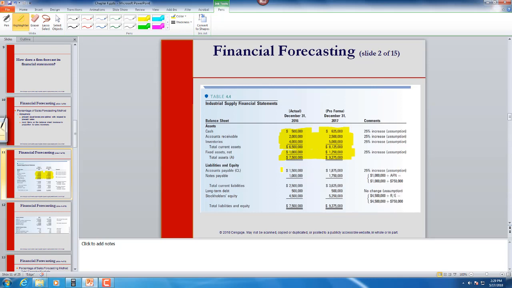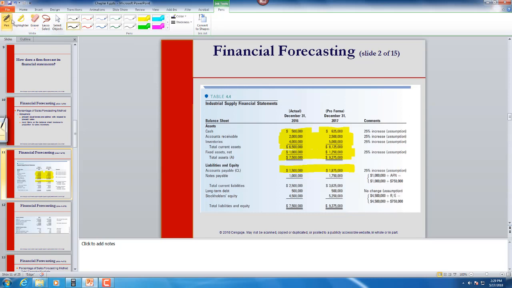And the same thing for accounts payable and notes payable. Now notes payable actually is higher. No, only accounts payable. They increase that by 25%. Only accounts payable. Let me use my eraser here. There you go.